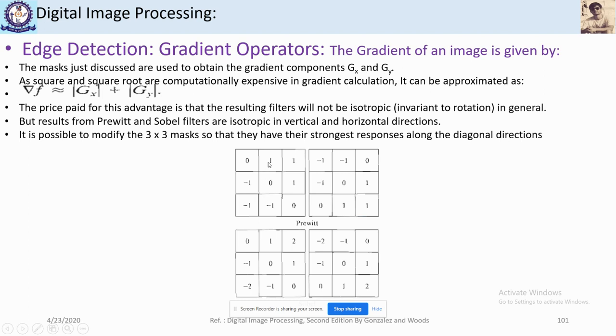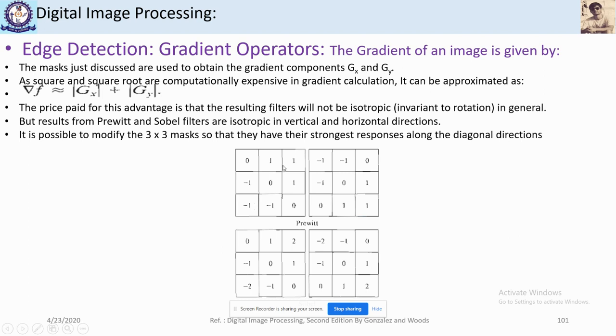So here these diagonal coefficients are 1, 1, 1, and these three corner coefficients are minus 1, minus 1, minus 1. And in this diagonal, all the coefficients are 0.